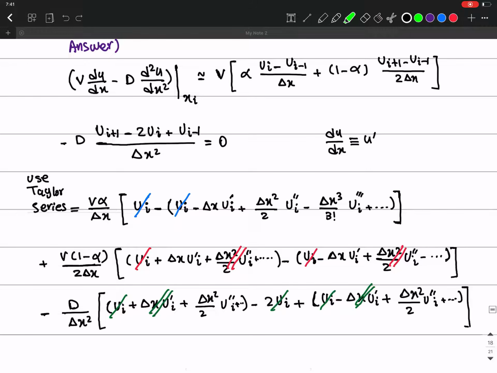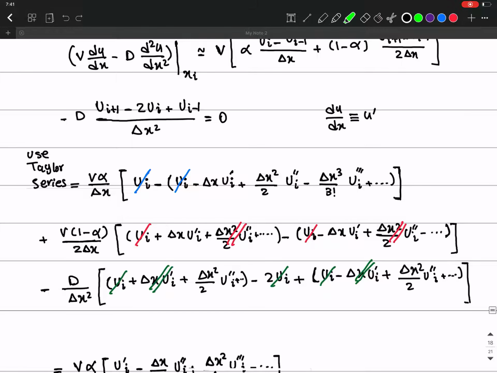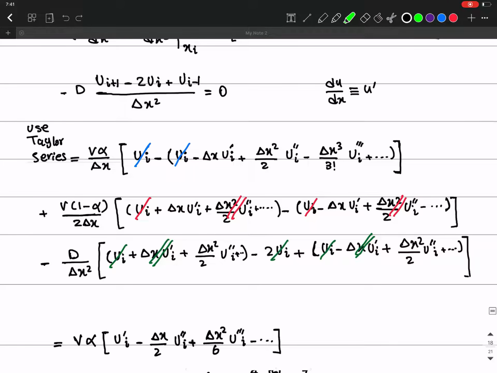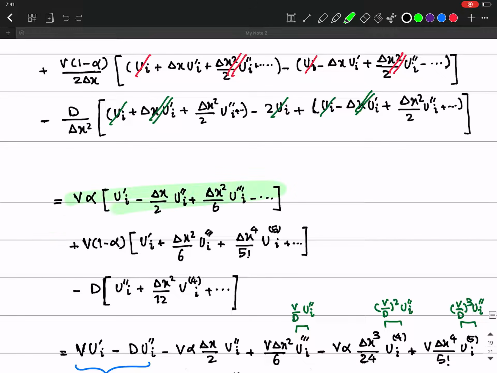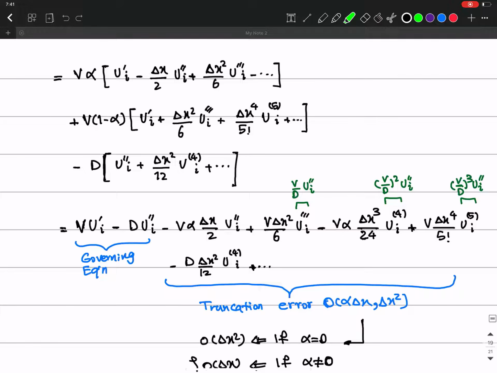And then we had this v alpha minus 1 term, which is coming from here. We just wrote the Taylor series expansion for that and the diffusion term, which is here. And then some of the terms cancel out as we expect. What we finally got are these three equations, and finally we got to this equation.